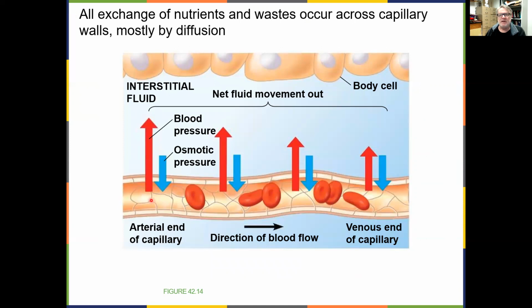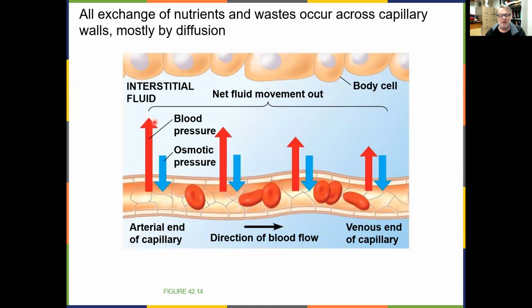The delivery of the actual nutrients is based on the movement of water through these cells, based on blood pressure, and then the movement of waste products back in again is being carried on water.